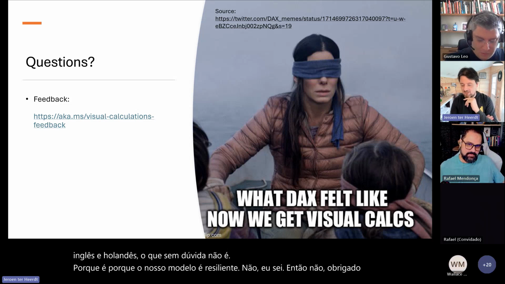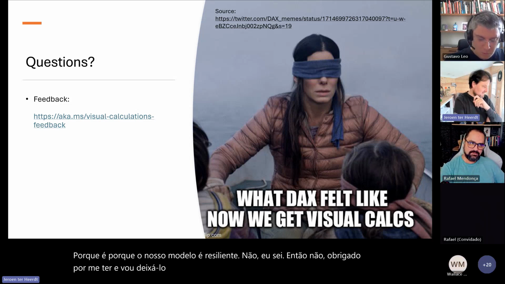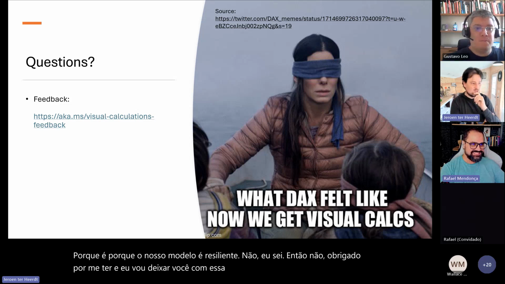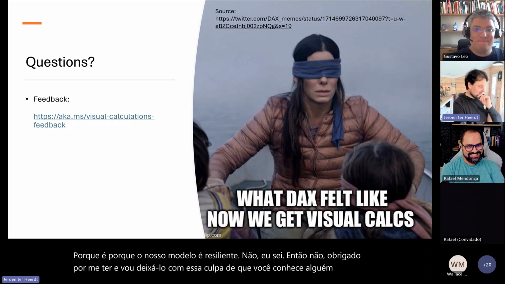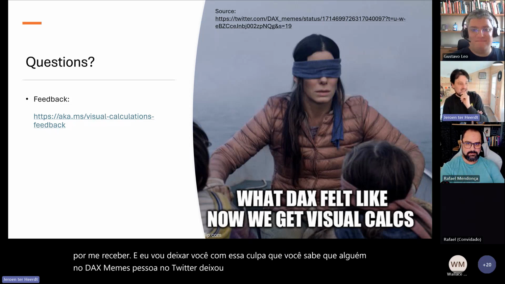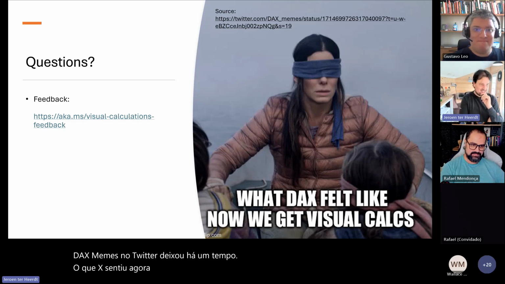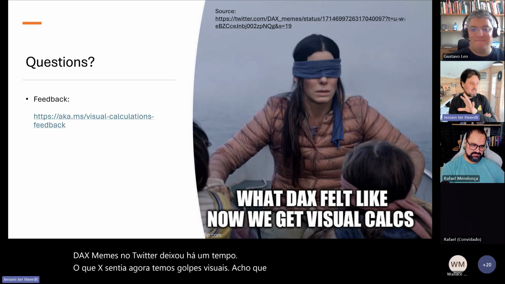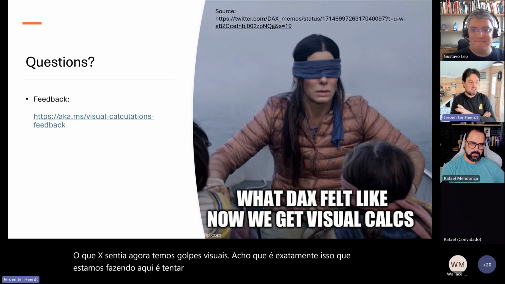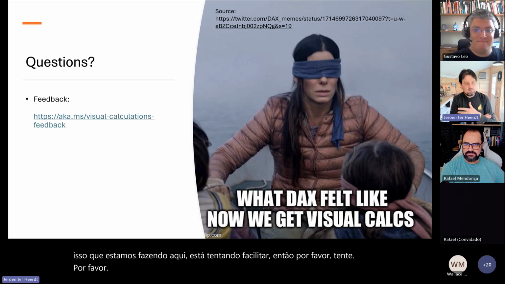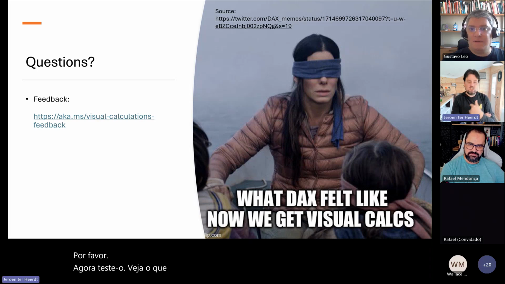And I'll leave you with this thought that somebody, the DAX memes person on Twitter, left a while ago: what DAX felt like, now we get Visual Calcs. I think this is exactly what we're doing here, is trying to make it easier. So please try it. Test it out, see what you think, and tell me what you like, what you don't like.